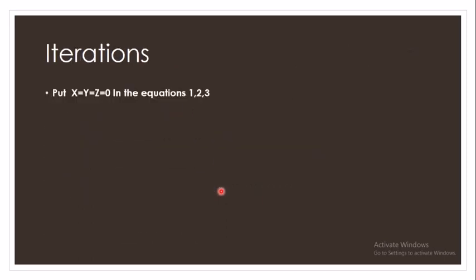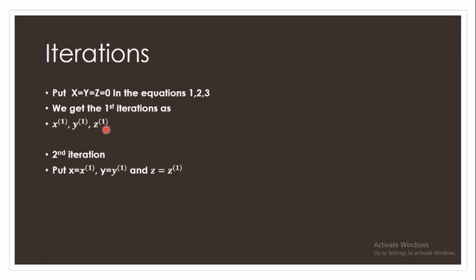Now let's check how to do the iteration and when to stop the iterations. After applying these values in equations 1, 2 and 3, the first iteration that we get can be written as x1, y1 and z1. We won't stop with that; we will do the second iteration.